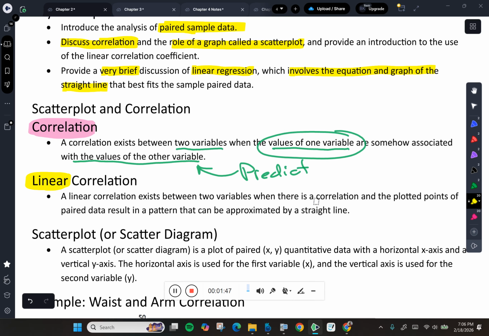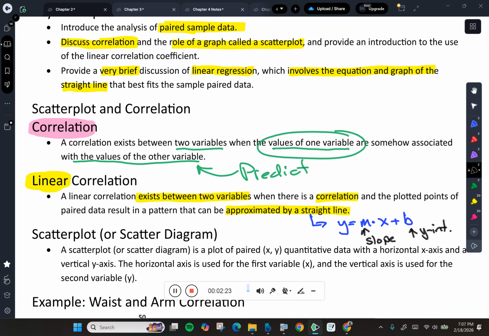Specifically, linear correlation is when there exists between two variables a correlation that can be approximated using a straight line, or if you think back to your algebra, something of the form y equals m times x plus b, where the m here is our slope and the b here is our y-intercept.